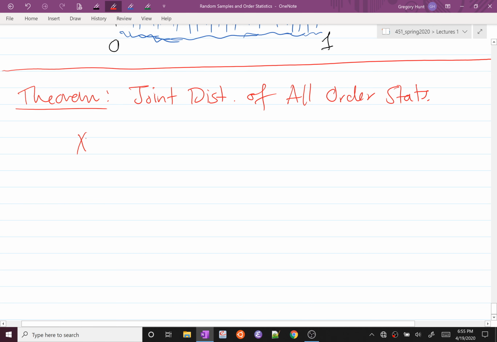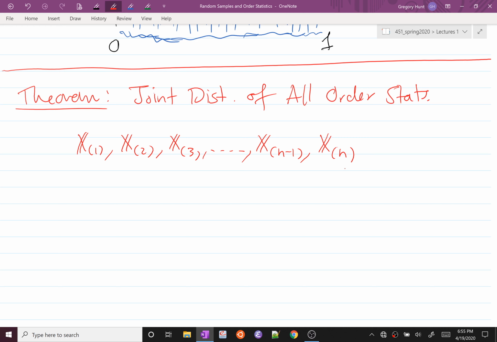Right? So I could look at X(1), the minimum, X(2), the second smallest, X(3), the third smallest, and there are going to be n order statistics. X(n-1) is the (n-1)th smallest, or the second largest, and X(n) is the largest. So there are n order statistics for a random sample of size n: the minimum, second smallest, third smallest, etc. Right? Just a reordering of our data. And so the question you can ask is, this is a multivariate random variable.